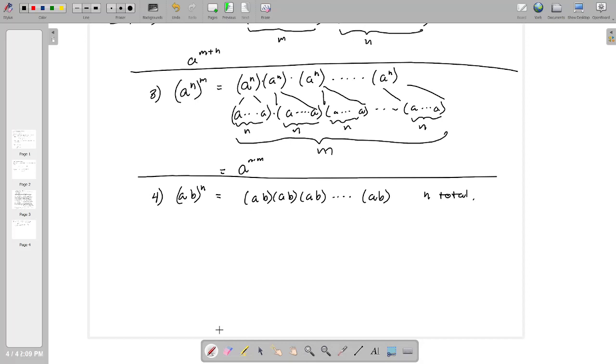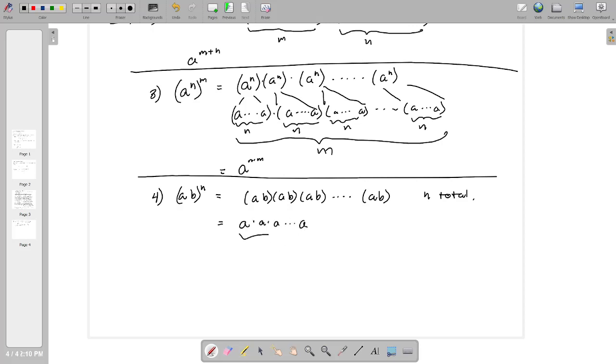Now what I'm going to do is rearrange my multiplication. Remember, multiplication all happens at the same time. So I'm going to rearrange them because b times a is the same thing as a times b. It's commutative. Multiplication is commutative. So we can rearrange it so that all of our a's are first.